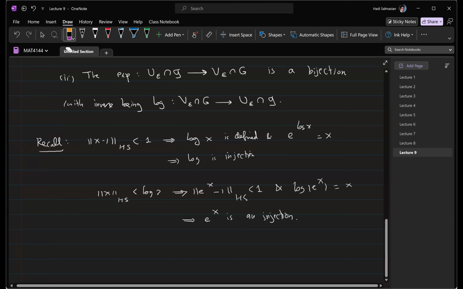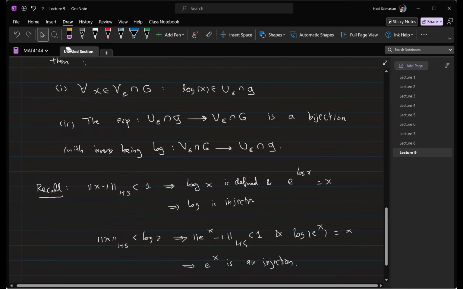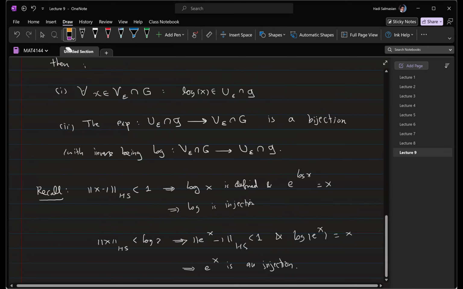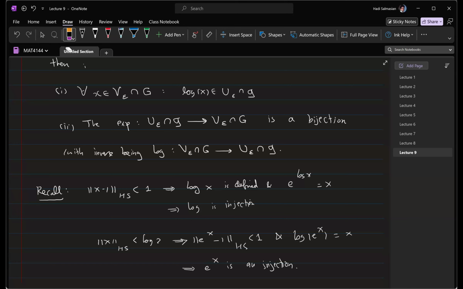So for bijectivity, I really need some kind of surjectivity, and that surjectivity comes from the fact that anything in here is e to the log of something. In other words, I wanted to show that log takes elements of capital G into lowercase g, the fraktur g.